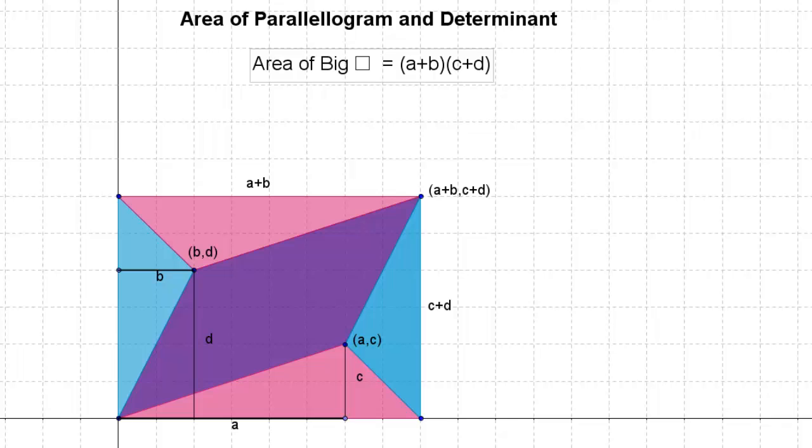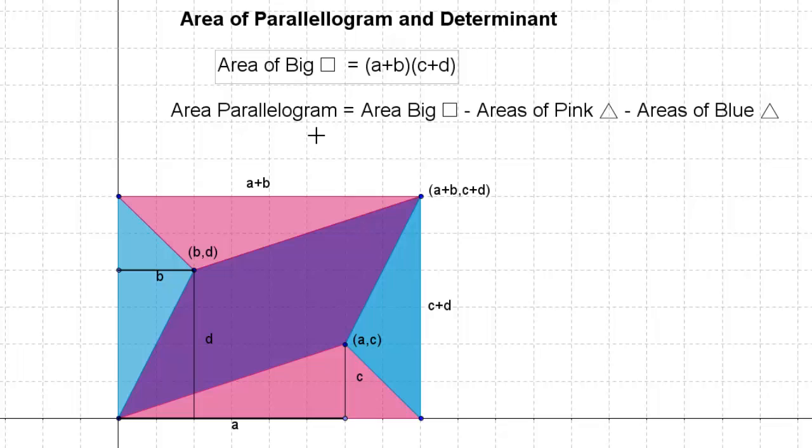But we've got to subtract out a certain area to get that purple parallelogram area. So we're going to subtract out both of these blue triangles and both of the pink triangles, and when we're done, we're going to have the area of the parallelogram, the purple area.